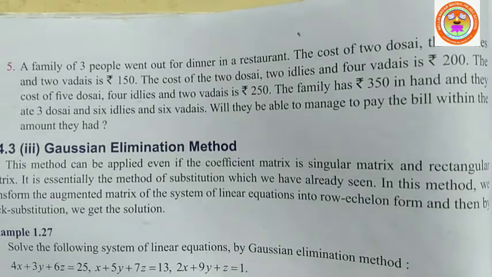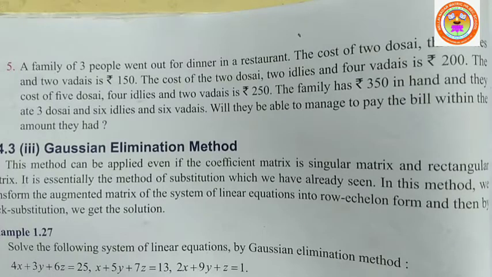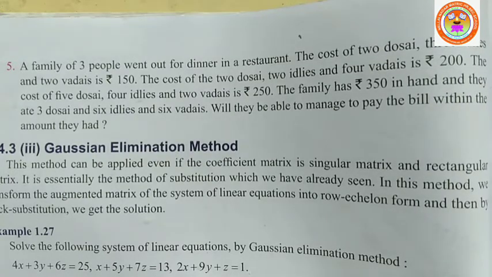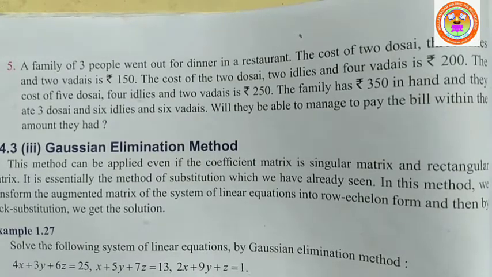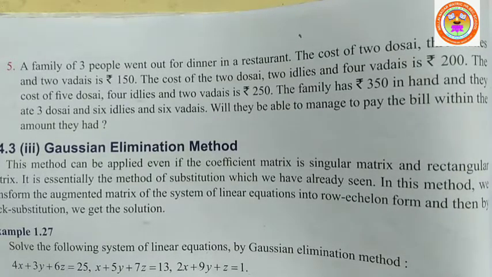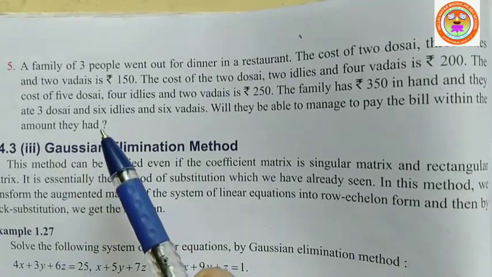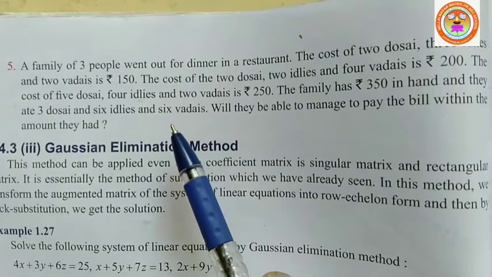So, first we can assign some variables for cost of 1 dosai, cost of 1 idli and cost of 1 vadai. So, first we have to find out cost of each item. That means cost of 1 dosai, cost of 1 vadai and cost of 1 idli. Then we have to find out the cost for 3 dosai, 6 idlis and 6 vadais.